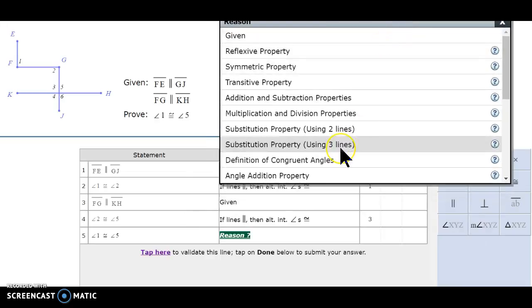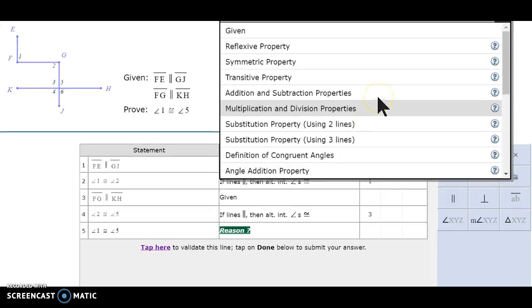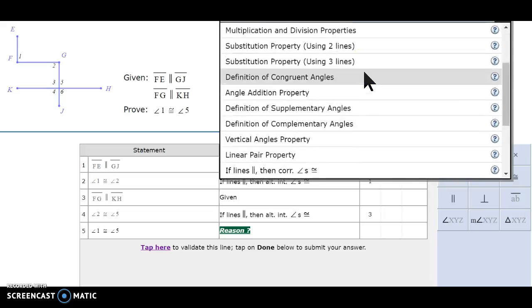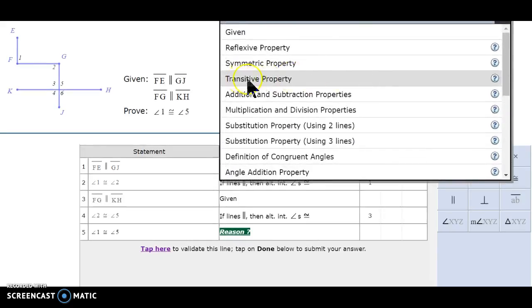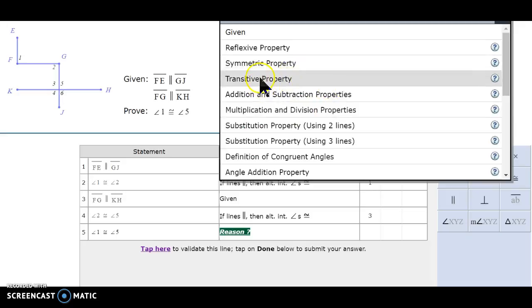Now, all of these properties, as I mentioned in the previous videos, we will come across all of them. But you don't always have to use all of them, right? Sometimes one property might be more useful than the other. In this case, when we are using another angle as a bridge, or another line or something else as a bridge, we're going to use the transitive property.